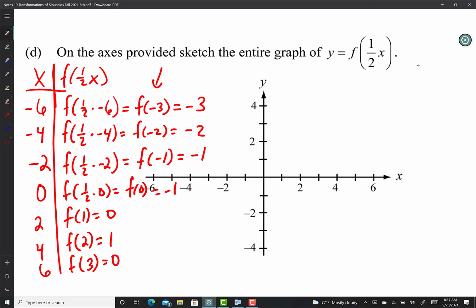So let's plot those points. Negative 6, negative 3. Point. Negative 4, negative 2. Point. Negative 2, negative 1. Point. 0, negative 1. 2, 0. 4, 1. 6, 0.